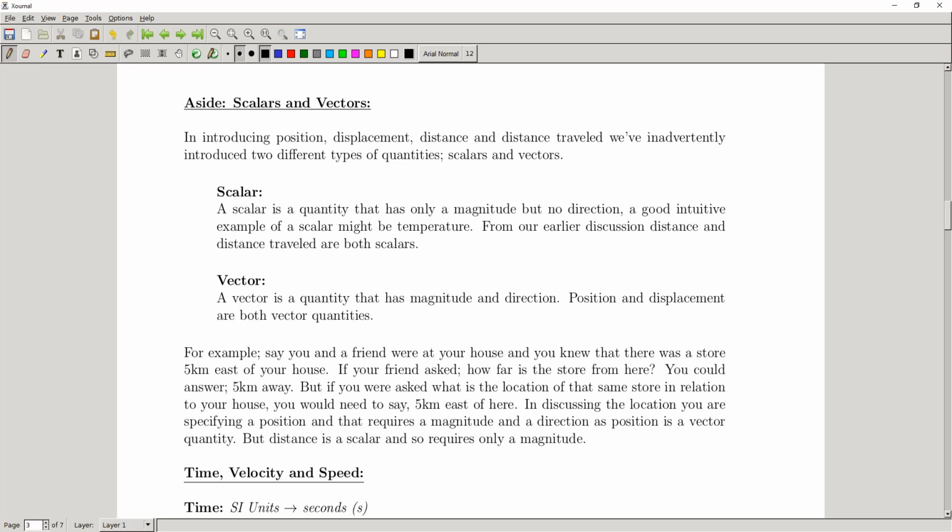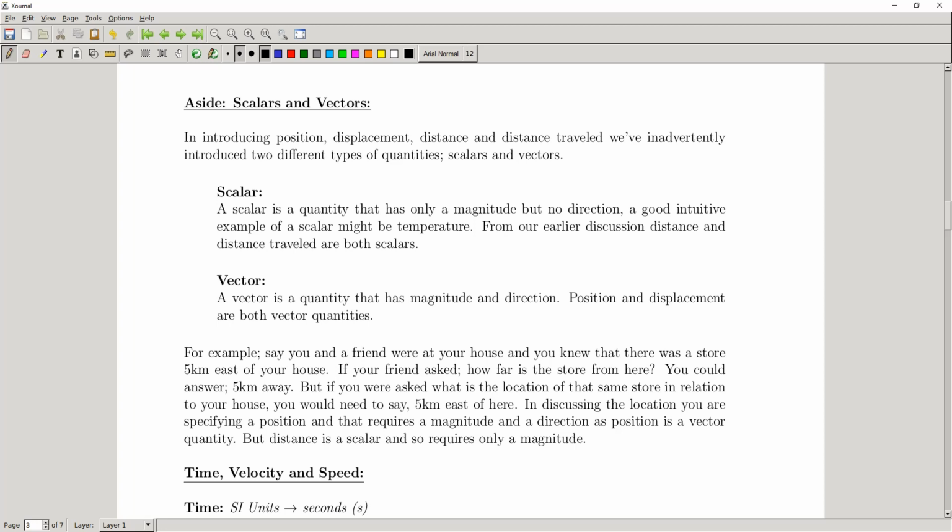But for now, we want to think of a scalar as a quantity that has only a magnitude but no direction. So a good sort of intuitive example of what a scalar might be would be temperature, right? If you talk about the temperature in a room, it doesn't really have a direction or anything. It just has a magnitude. It's some number of degrees. So in the room where you are now might be, say, 20 degrees or something, right? So scalars only have magnitudes.